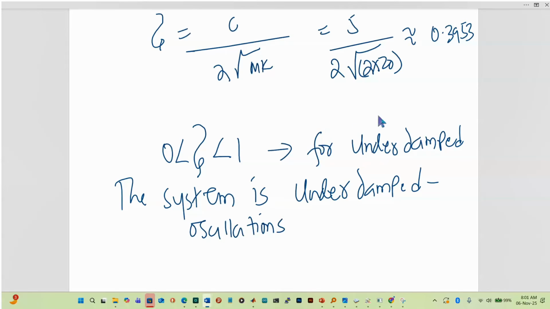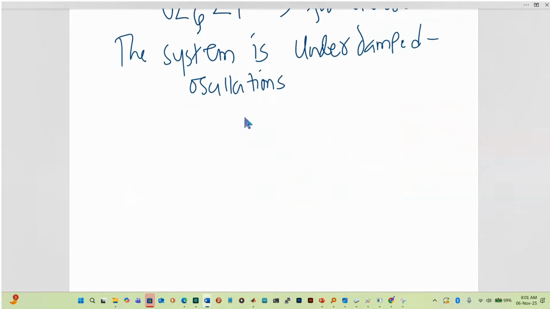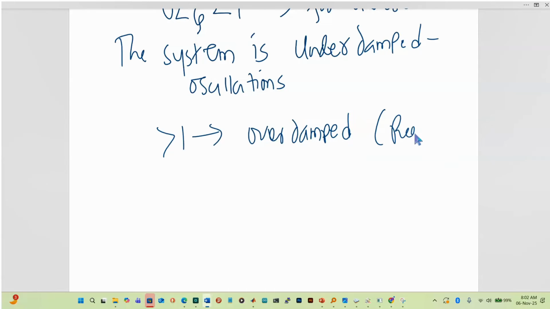Obviously, when zeta is above 1, we call it overdamped, which is when we have real and distinct roots.